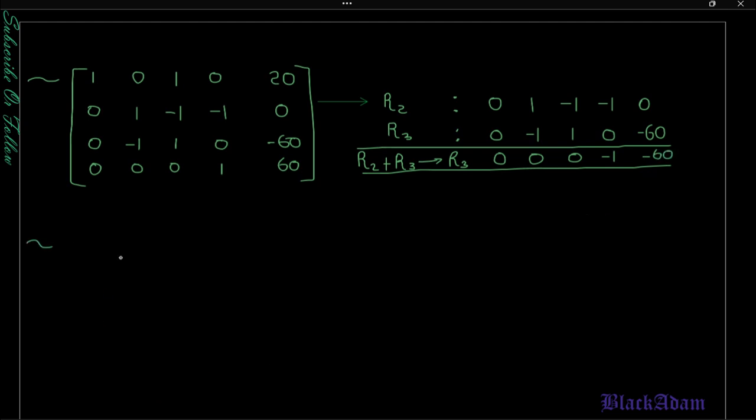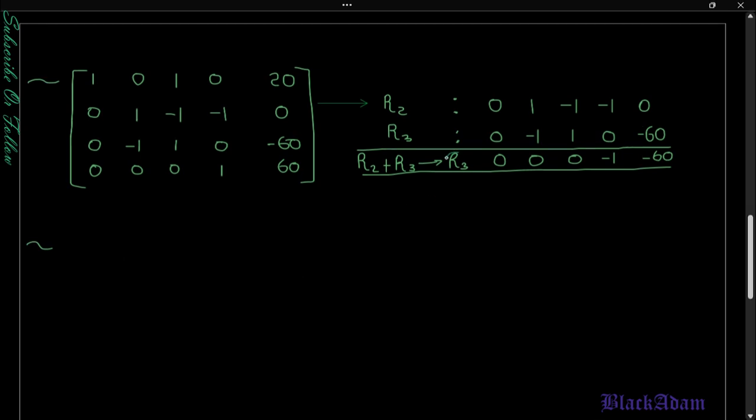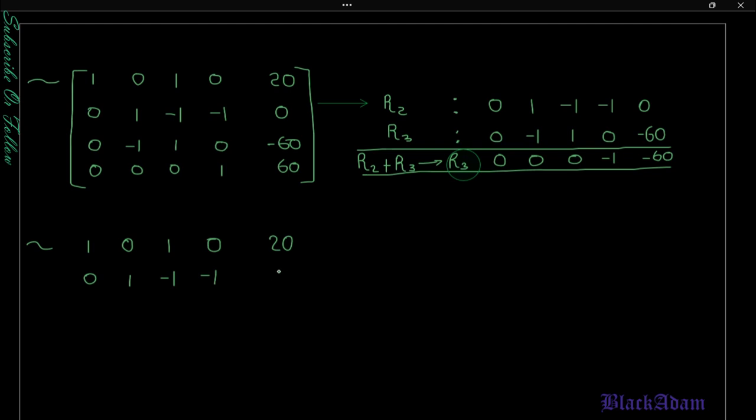So from there we have R3 there, so that is 1 0 1 0 2 0, that's row 1, so we're only going to change row 3, and then we have row 2: 0 1 -1 -1 0, and then we have row 3 that needs to change.